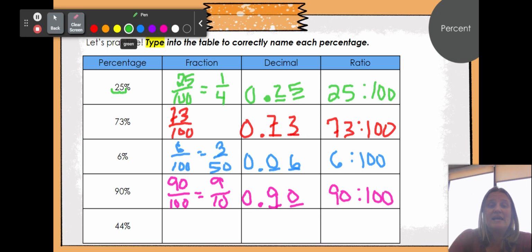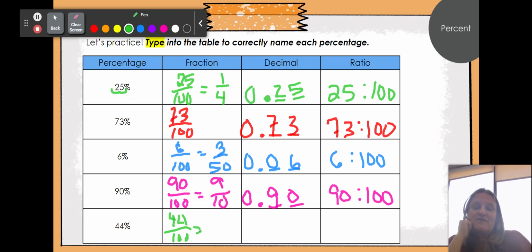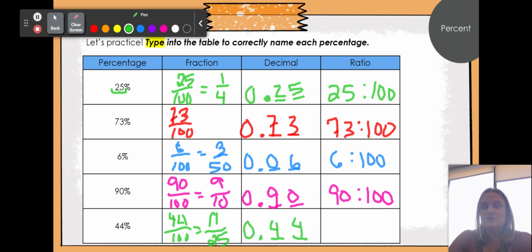All right, let's try our last one. 44% would be 44 out of 100. If I simplify that, that would give me 11/25. I know that hundredths has 2 spots after the decimal, so I have 44 with a 0 placeholder, and my ratio would be 44 to 100.